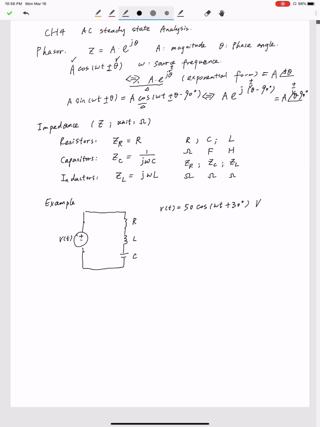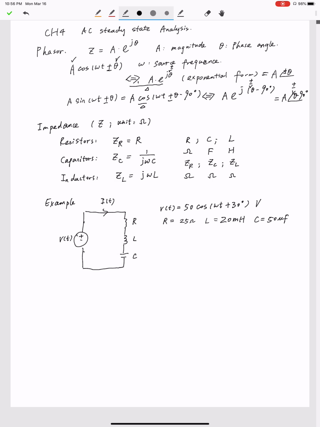Unit is volt. Resistance R is 25 ohms. Inductance L is 20 millihenry, and capacitance C is 50 microfarad. And we want to find what's the current i(t) flowing through the circuit.